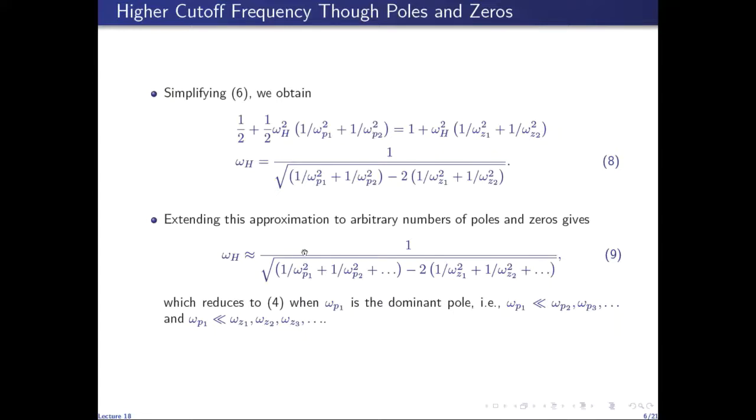So the argument within the square root can be approximated under this assumption with 1 over omega P1 square, which will estimate omega H to be equal to omega P1 as given in 4. So under the approximation that omega P1 is the dominant pole, this estimate reduces to the estimate given in 4, which approximates omega H with omega P1.